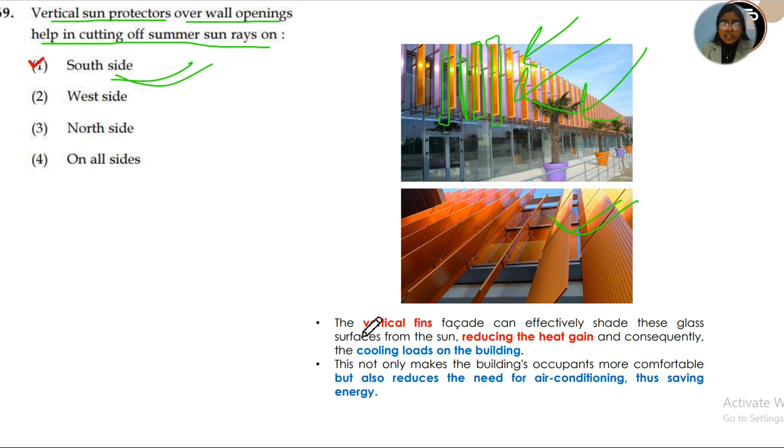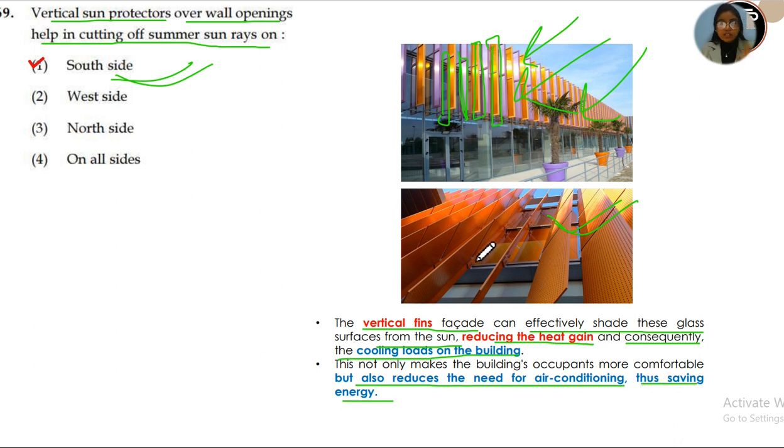Also, the vertical fence facade can effectively shade the glass surface from the sun, reducing the heat gain and consequently the cooling load on the building. This not only makes the building occupants more comfortable, but also reduces the need for air conditioning, thus saving energy.